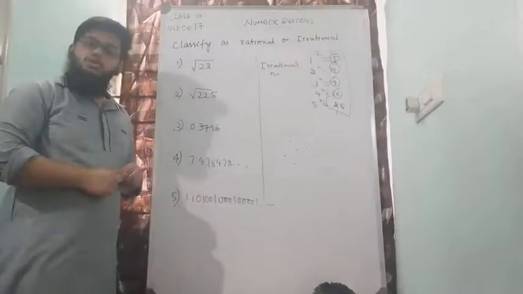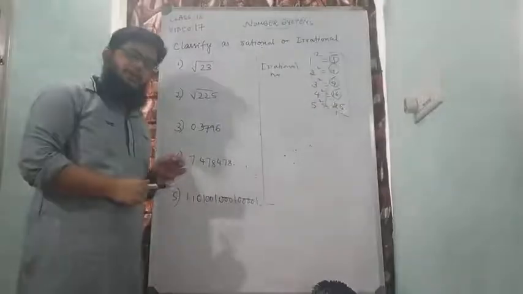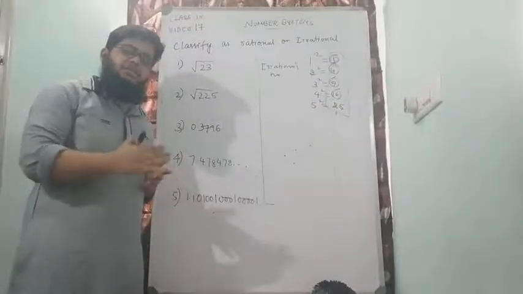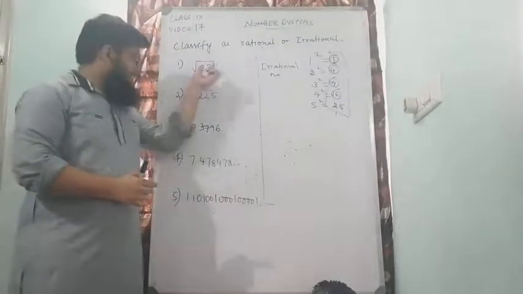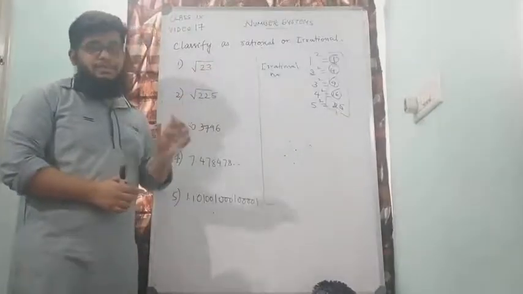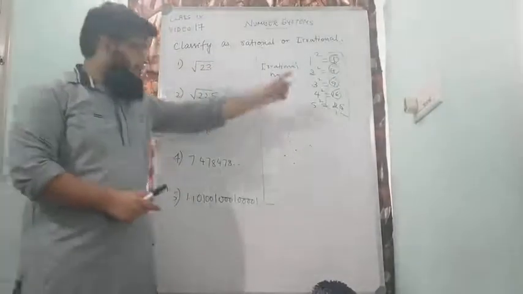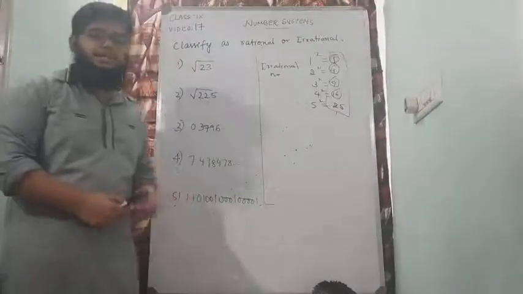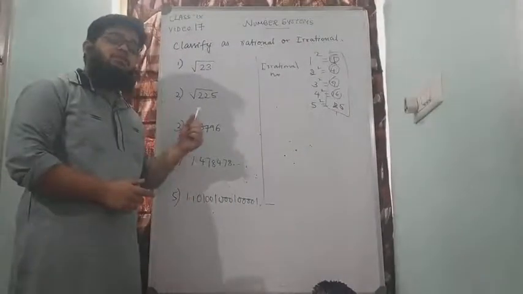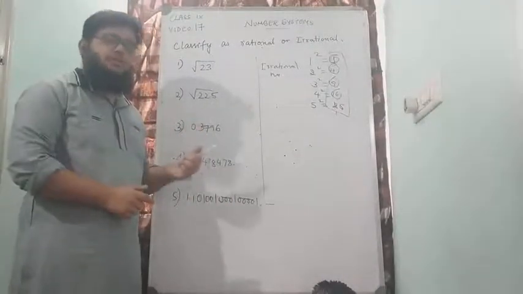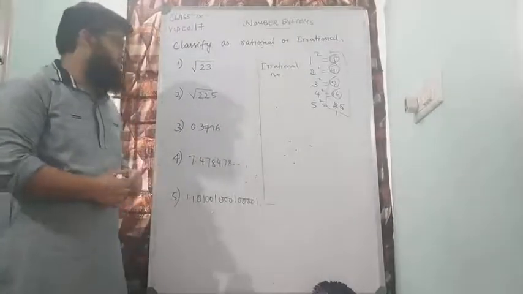Understood why? So whenever you have a number with root and you are supposed to identify whether it is a rational number or irrational number, very simple. Inside the square root, if the number is a square number like this, then it is a rational number. But if it is a non-square number, then it becomes an irrational number.